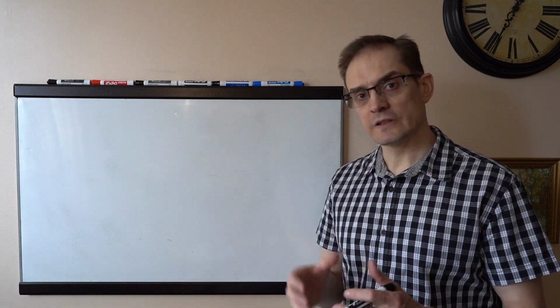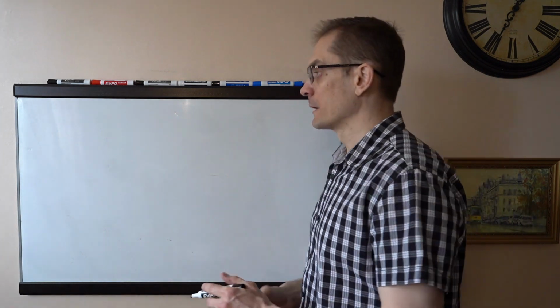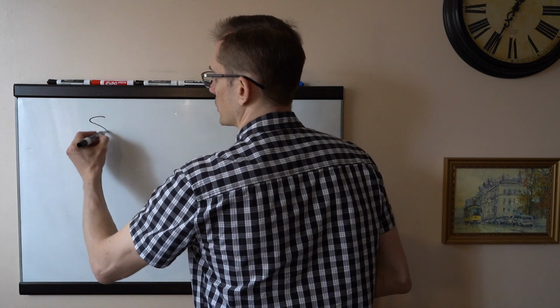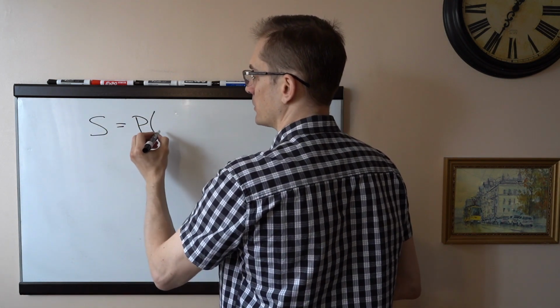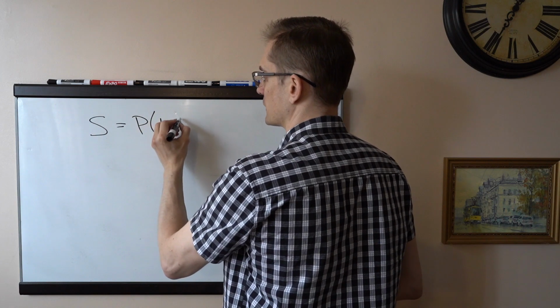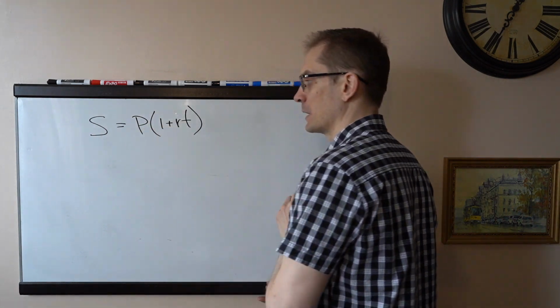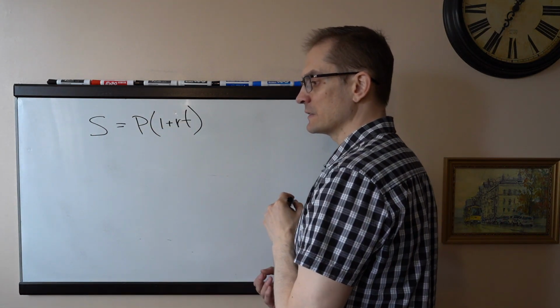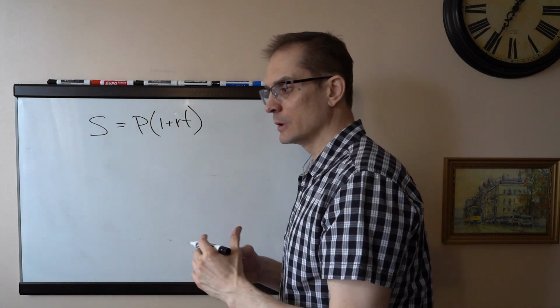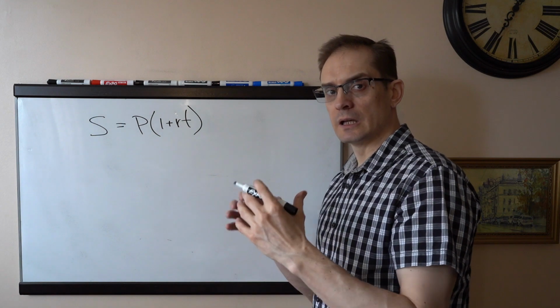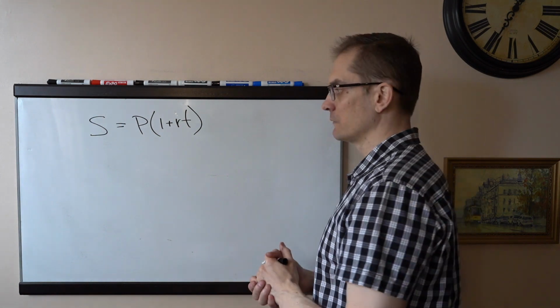Okay, so what is this topic about? Well, remember how when we calculated simple future value, it is principal invested times (1 plus RT). So in that case, you will get interest on top of your principal prorated by the amount of time invested.